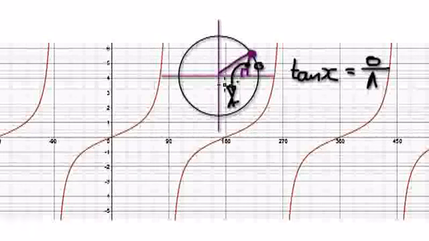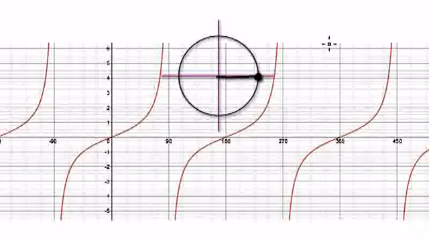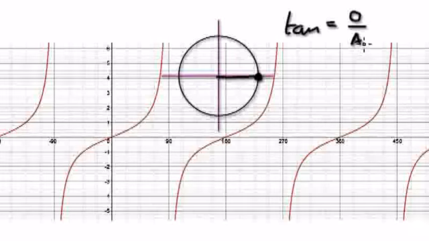Now let's have a look at when the dot is at an angle of 0, so it's right in this position. Remember, tan of x is the opposite over the adjacent. Now the opposite is really the height, and the height here is 0.